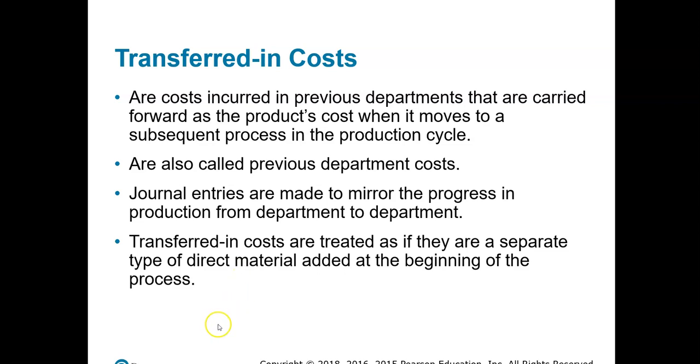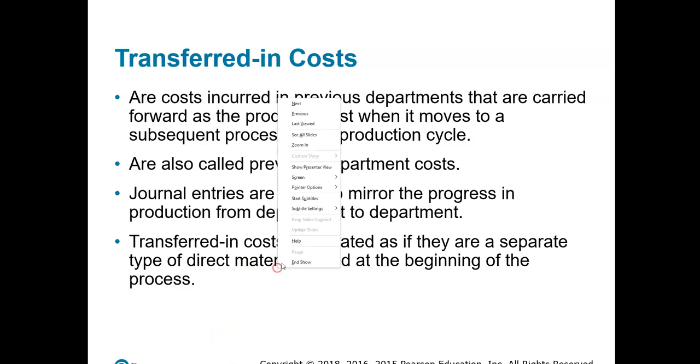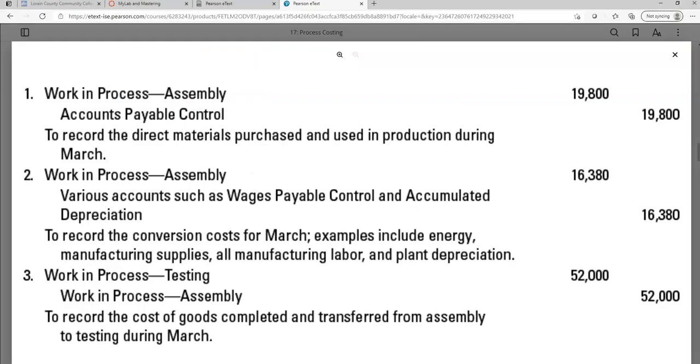Now, I do want to point out that we did talk about the journal entries themselves, and this was from the weighted average method. Your book is taking the position here that the materials that the company has ordered are going straight to the work in process department, the assembly department.